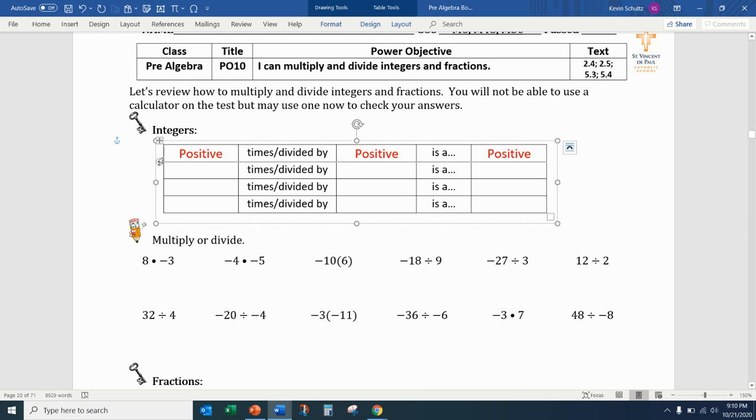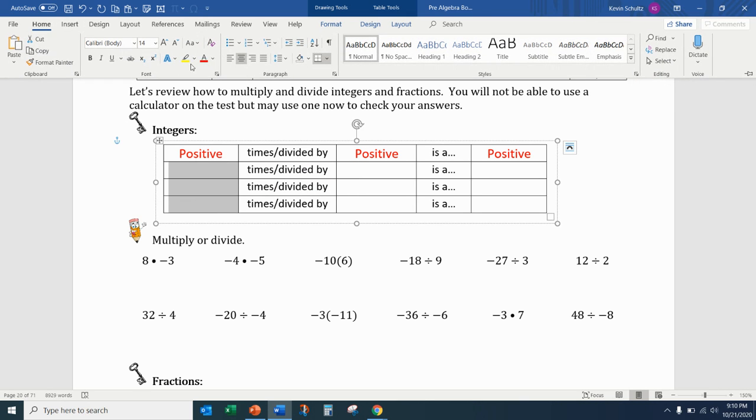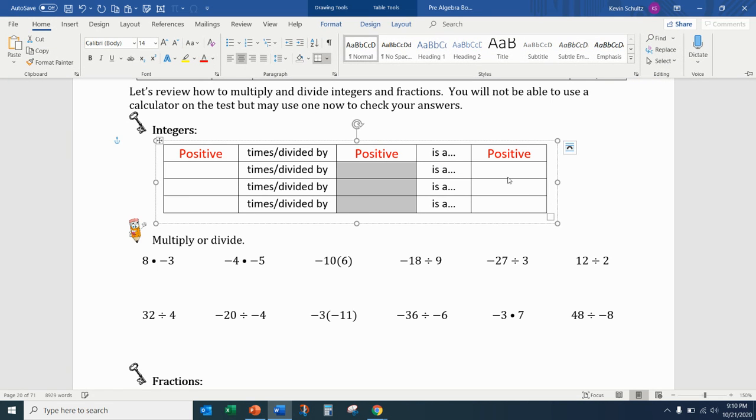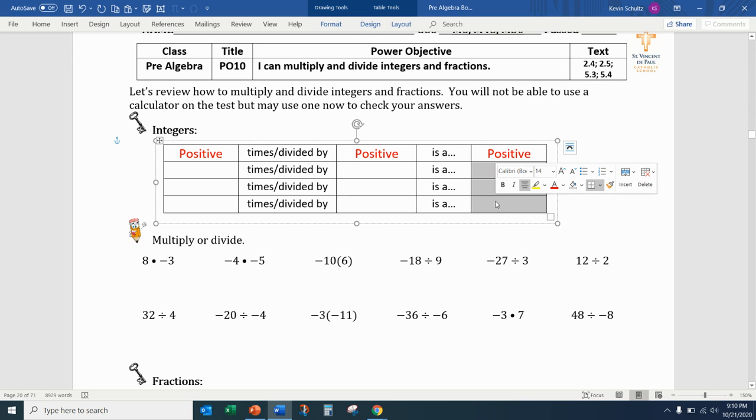The other time you are going to get a positive is when you take a negative multiplied or divided by another negative.